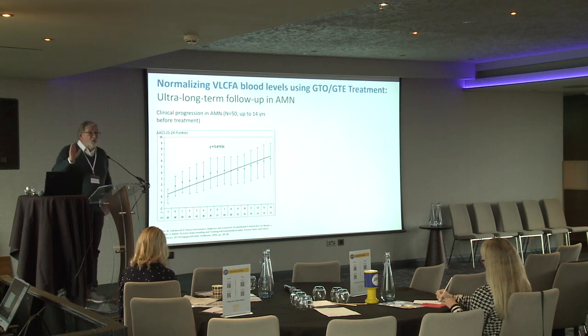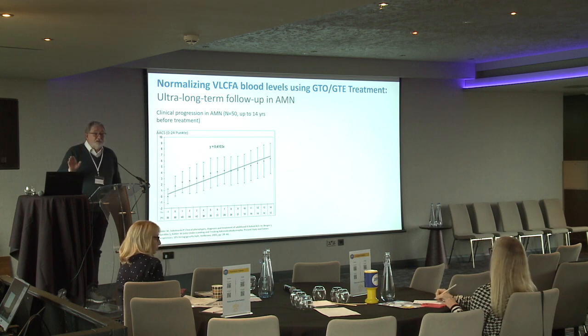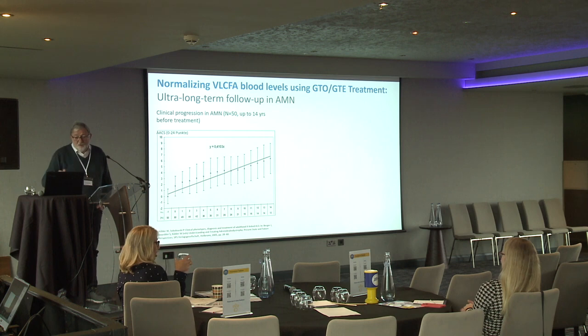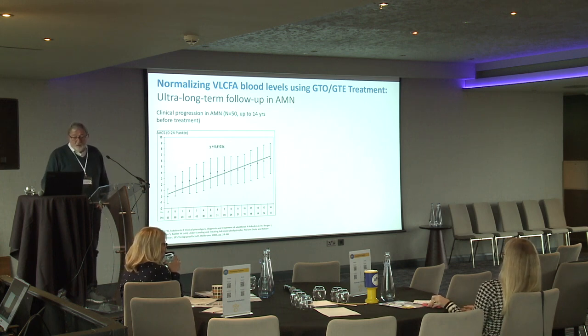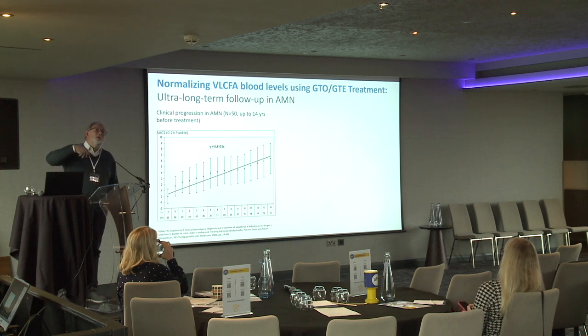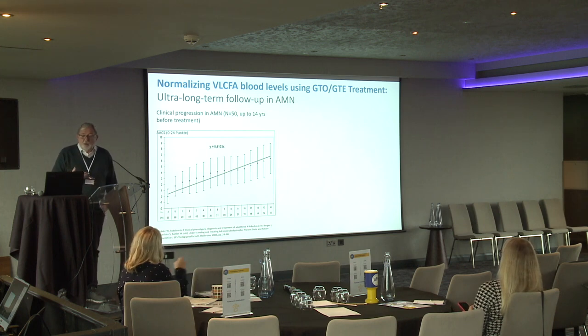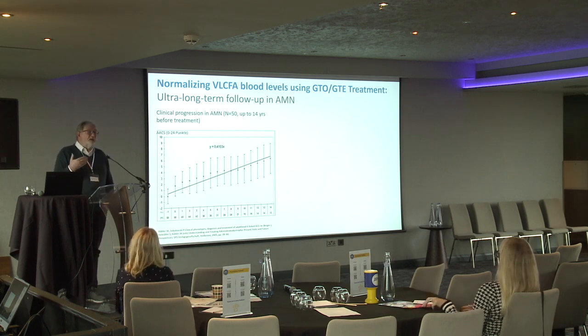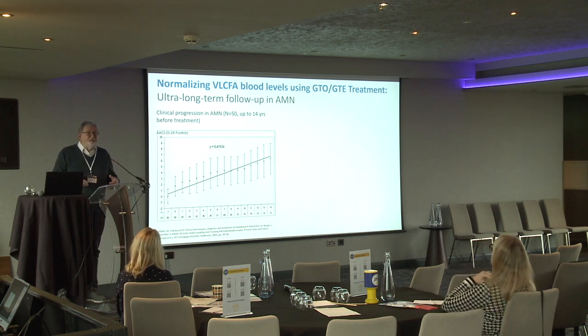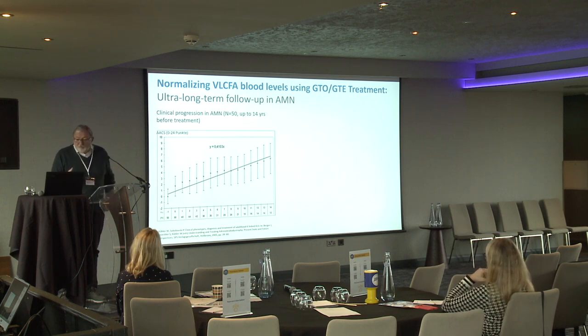We know that already for many years. 20 years ago, we tried to set up a new scoring system for adrenoleukodystrophy and looked at the natural history of, in this case, 50 patients with adrenomyeloneuropathy over a period of 14 years using this score.